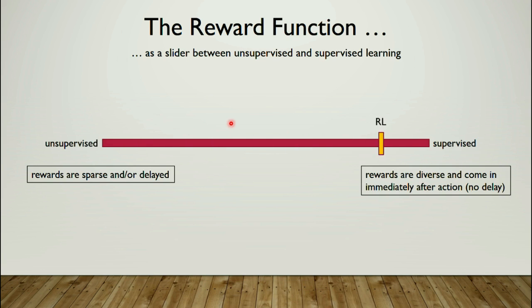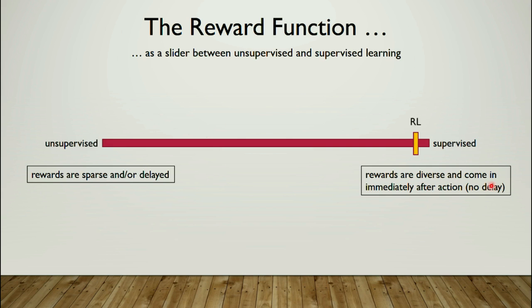On the other extreme, if I slide this slider all the way to the supervised learning methods, in that case my reward function will look different. It will be very diverse. It will have a lot of values that are different from 0 and change a lot, and also these reward values will always come in very closely to the action that is evaluated by this reward.